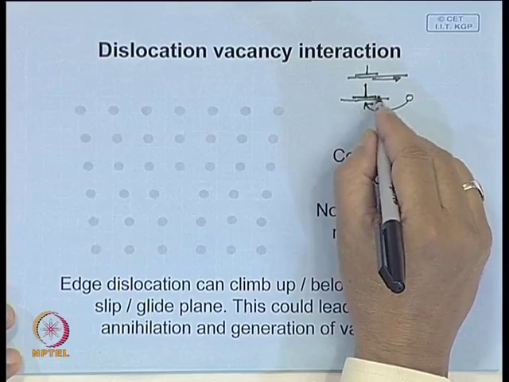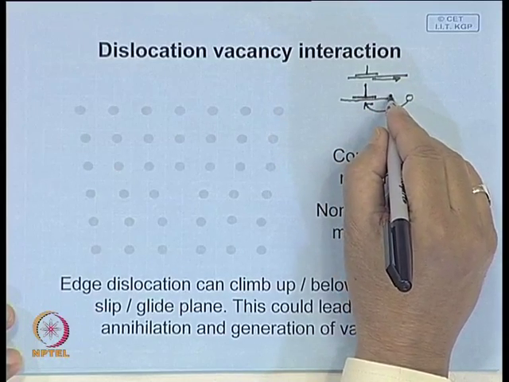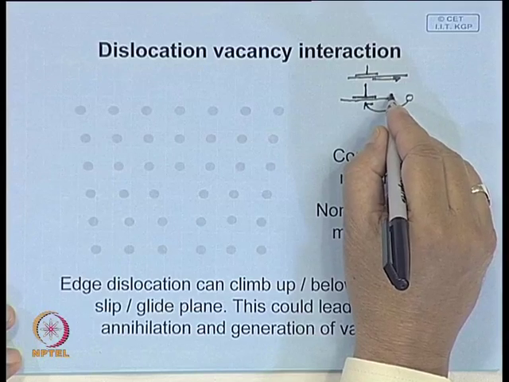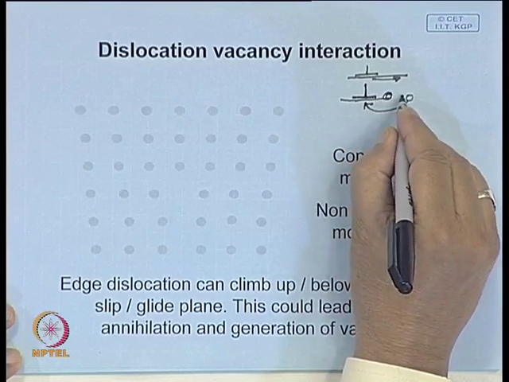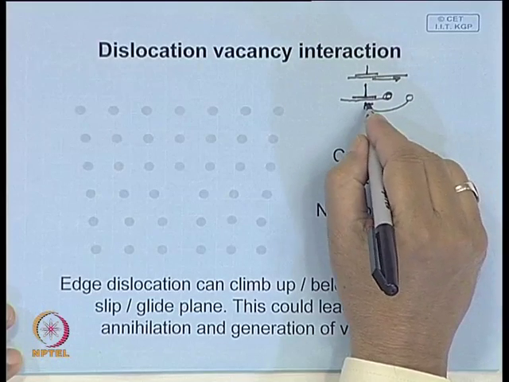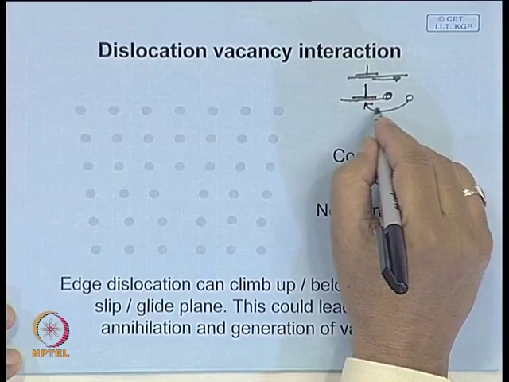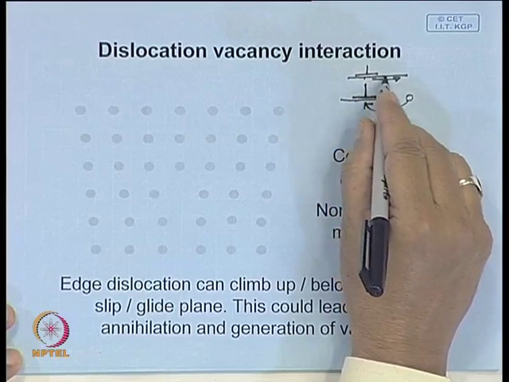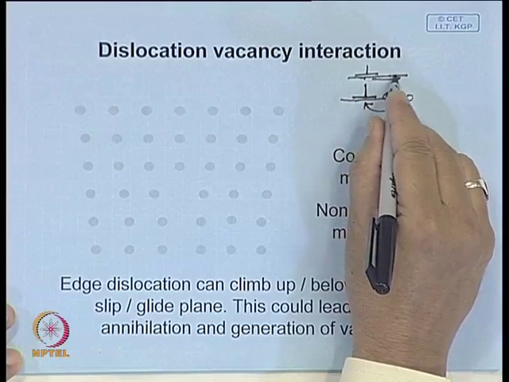If an edge dislocation encounters an obstacle here, later on we will see what the nature of the obstacle will be, it cannot move through the obstacle. That is when this vacancy can help this dislocation move. If the vacancy comes here, it moves up, and in this plane there is no obstacle, so it is free to move.